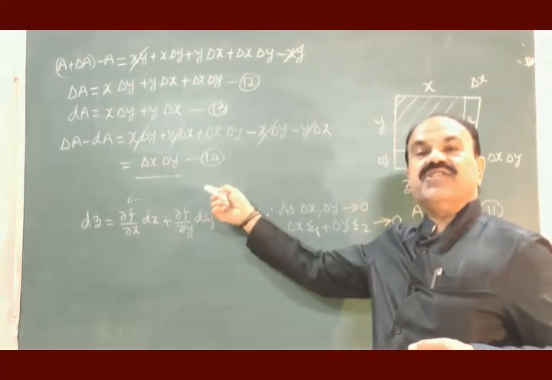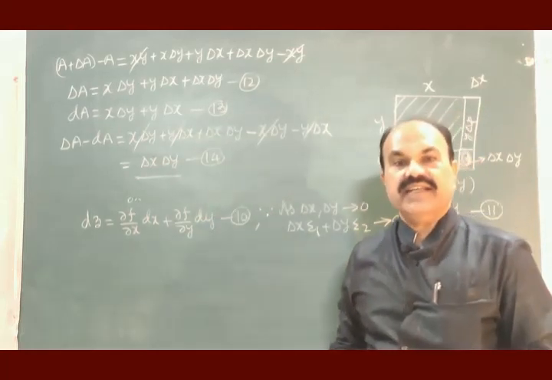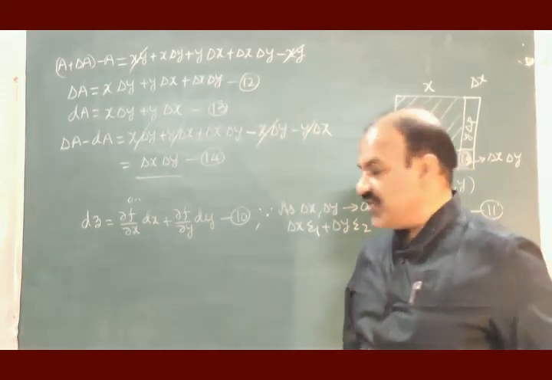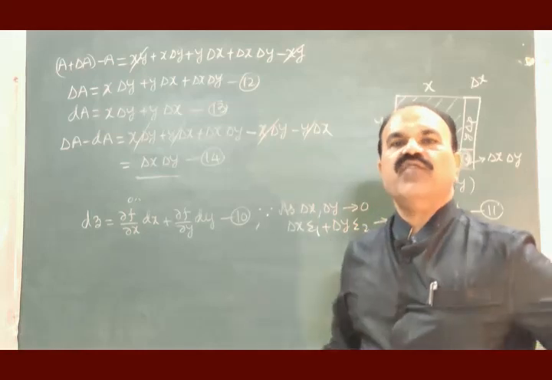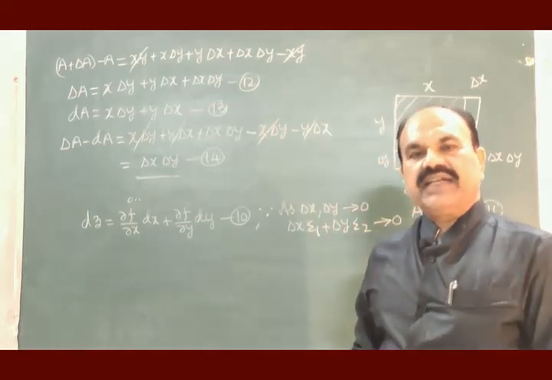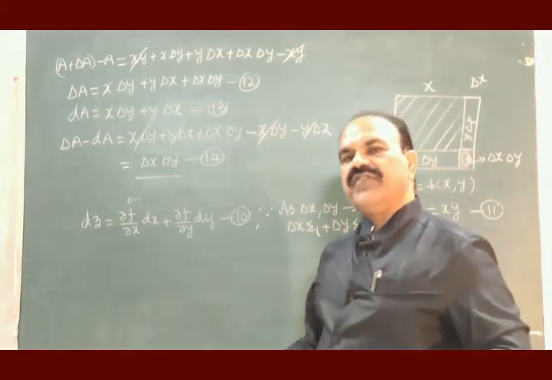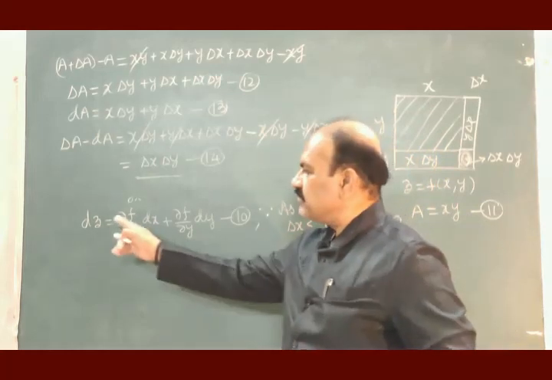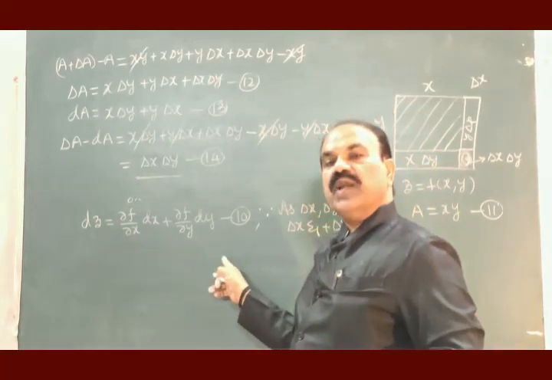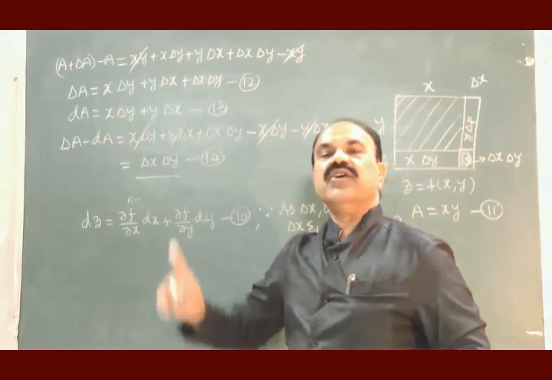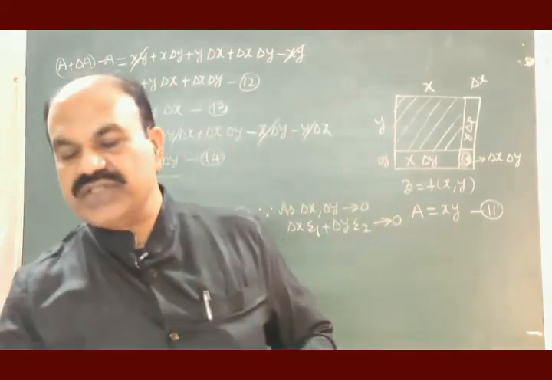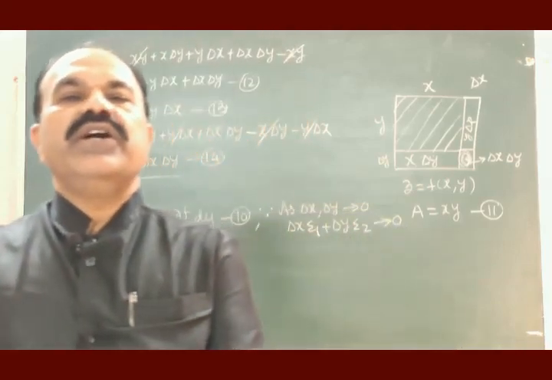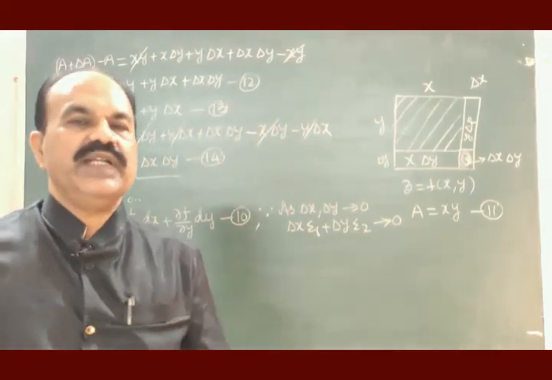Then this delta x into delta y, the error occurring in the total differentiation due to this approximation, will be very small, and therefore practically whenever we go for total differentiation, we can use this formula because the error occurring is very small. This is about total differentiation. Hope you got it. Thank you.